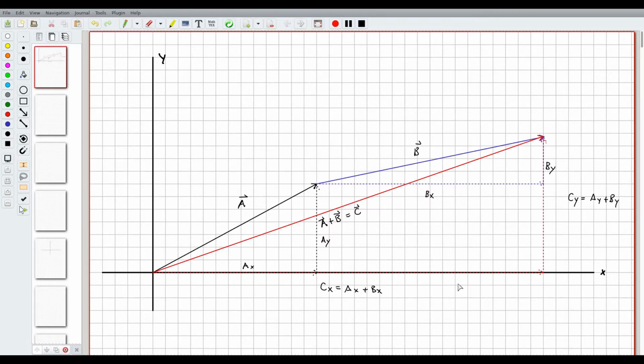So what that means is that when you add A and B together to get C, what you're really doing is adding the components of A and B together.